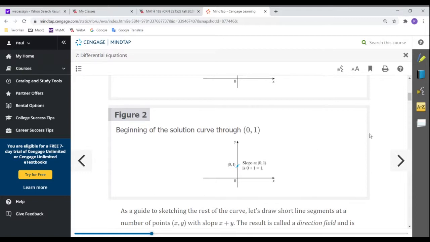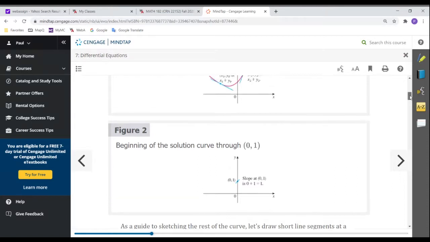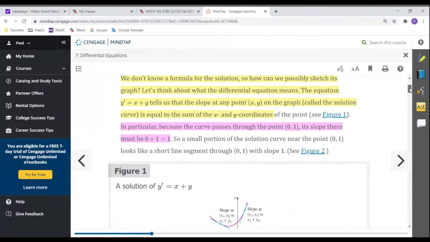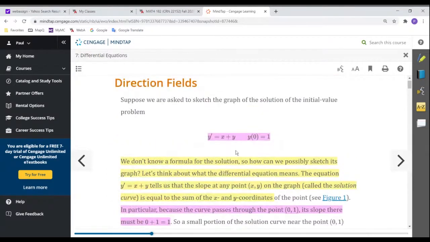All right, well, we've drawn one tangent, and the solution curve for this initial value problem, y prime equals x plus y, where y of 0 equals 1, is going to correspond to a solution curve that passes through 0, 1.